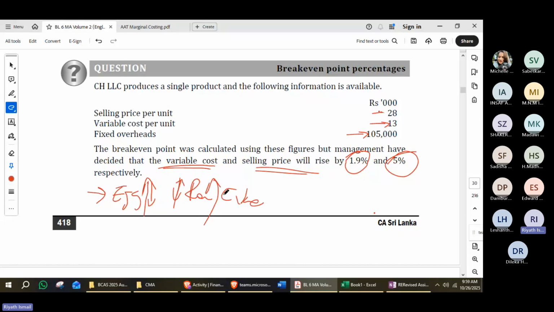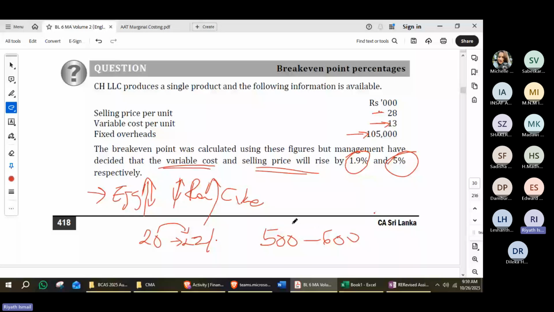Say the egg price increases from 20 to 22 rupees. Then the kottu makers and the cake makers will increase the selling price of the cake from 500 to 600 rupees. When we ask why, it is because there is an increase in their material cost. Which one? The egg.